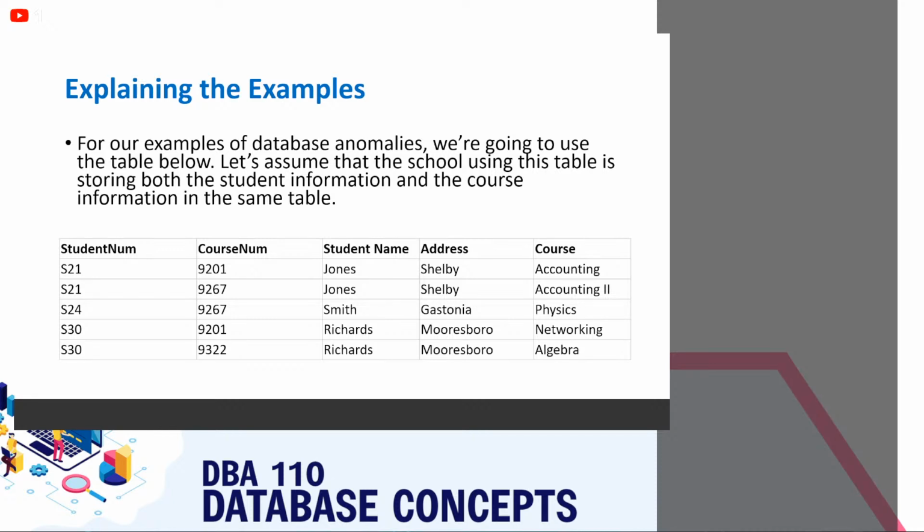Having a table without a primary key is not permitted, and that could be arguable here, because we have course data and student data mixed together in this one table. But the way we're looking at it, the student number, our student ID number, is serving as the primary key of this table.